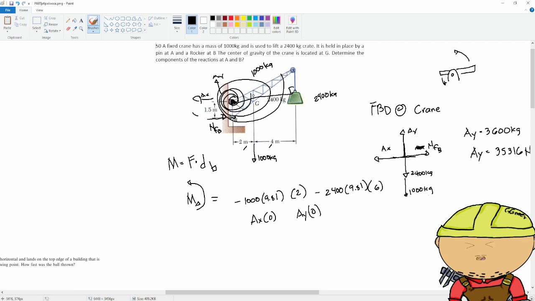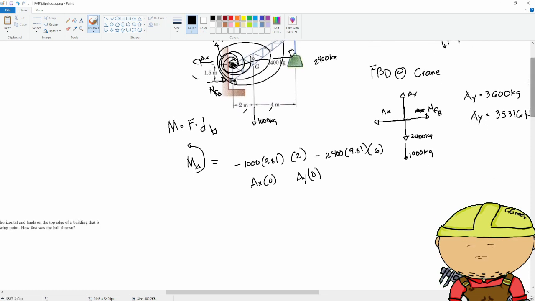Okay, we have one last force, NFB. NFB is counterclockwise, and we have 1.5, right? So positive NFB times 1.5 meters.